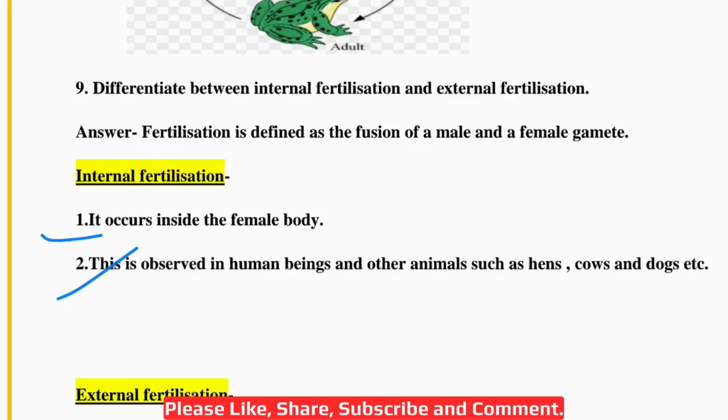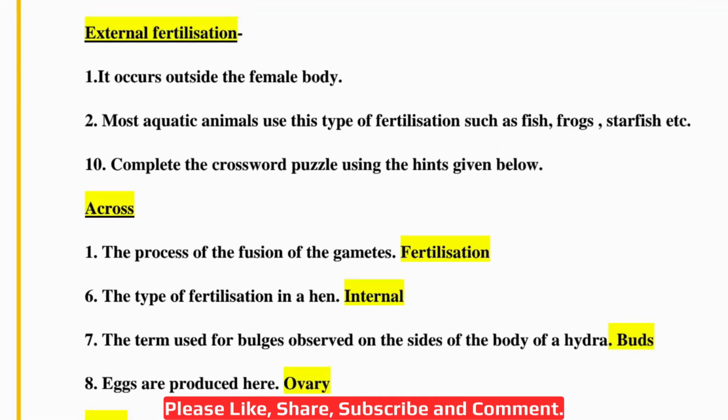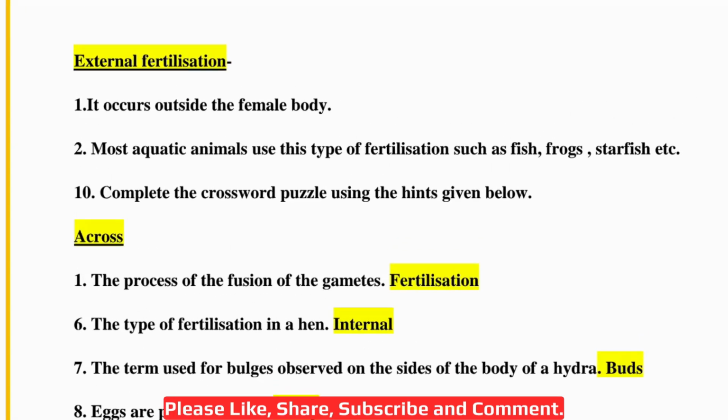So, in human beings also, internal fertilization occurs. Then, external fertilization. By the name only it suggests that it occurs outside the female body, and most aquatic animals use this type of fertilization, such as fish, frogs, starfish, etc. The animals which live inside the water undergo external fertilization.